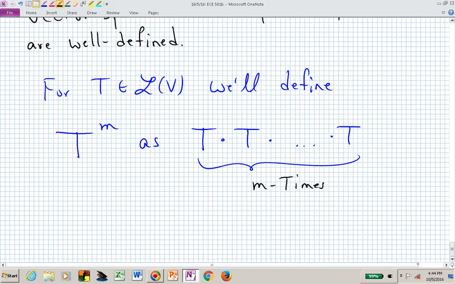And that makes sense, since when we operate on a vector in the input vector space, these operators return us back into that input vector space. That is our output vector space. Let's also say that if we raise this linear operator to the 0th power, we'll define that to be the identity map.